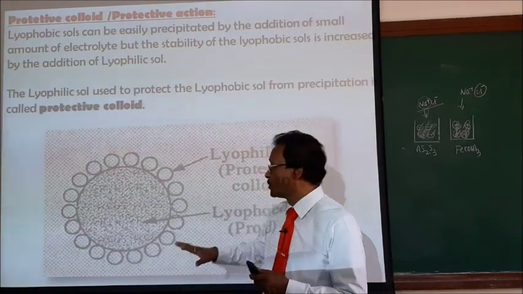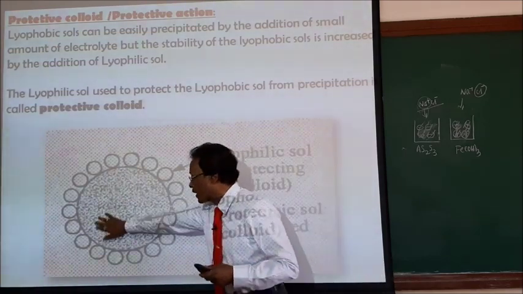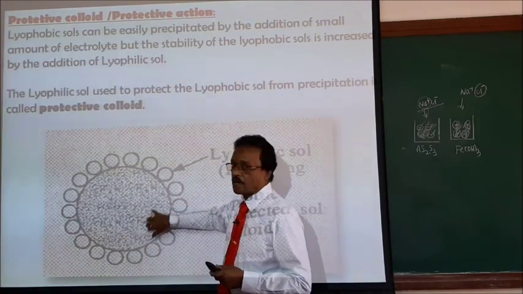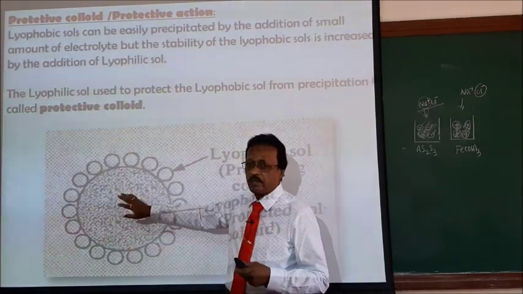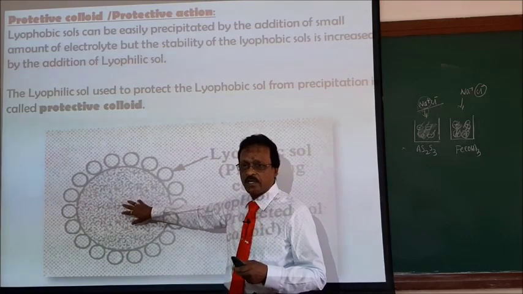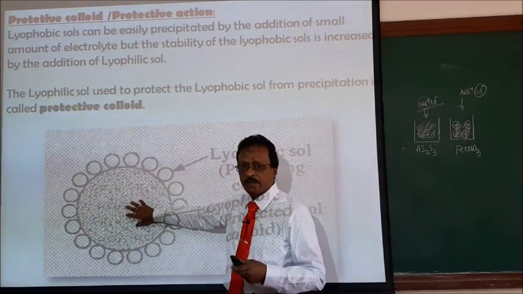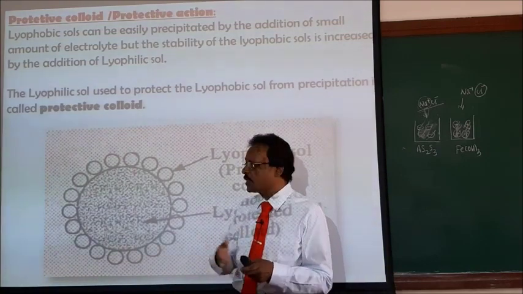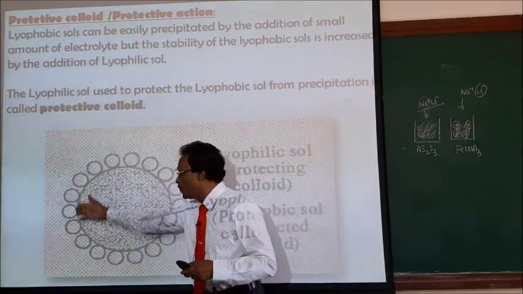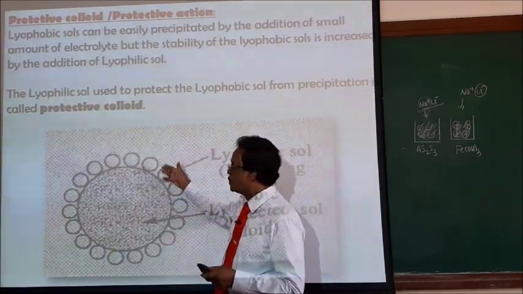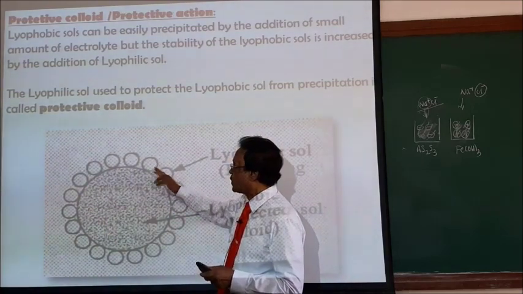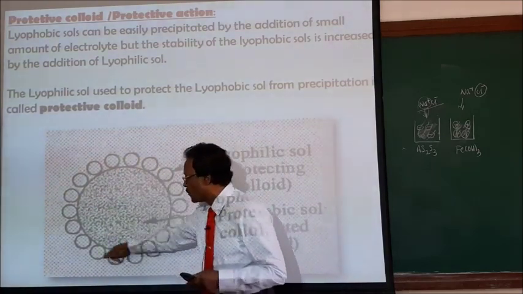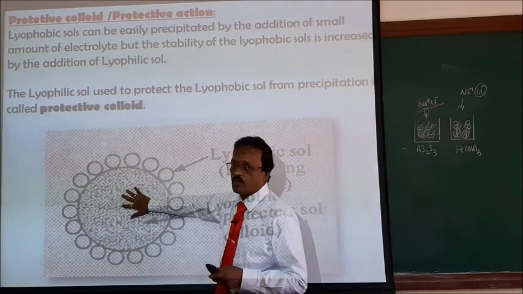How does it protect? Imagine a lyophobic colloid, silver, gold, or platinum sol, mainly used for practical applications, mainly for medical applications. They are less stable and can be easily coagulated, but you have to protect those colloids. What you can do is add a small amount of lyophilic colloid. This lyophilic colloid forms a protective layer around the lyophobic colloid and protects it.